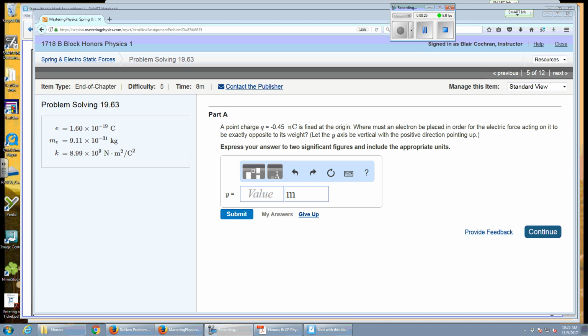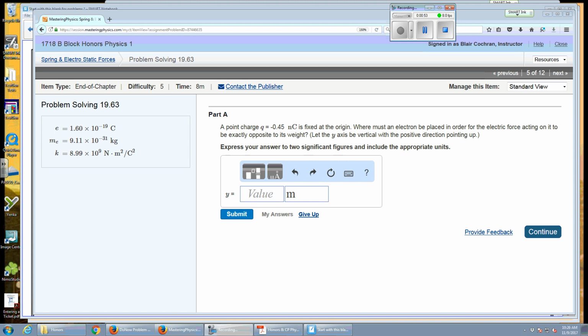Acting on it, it'd be exactly opposite its weight. Which direction does the weight of something act? Down. So what would be exactly opposite of down? Up. So we want the force on this electron caused by this other negative charge to be upwards.